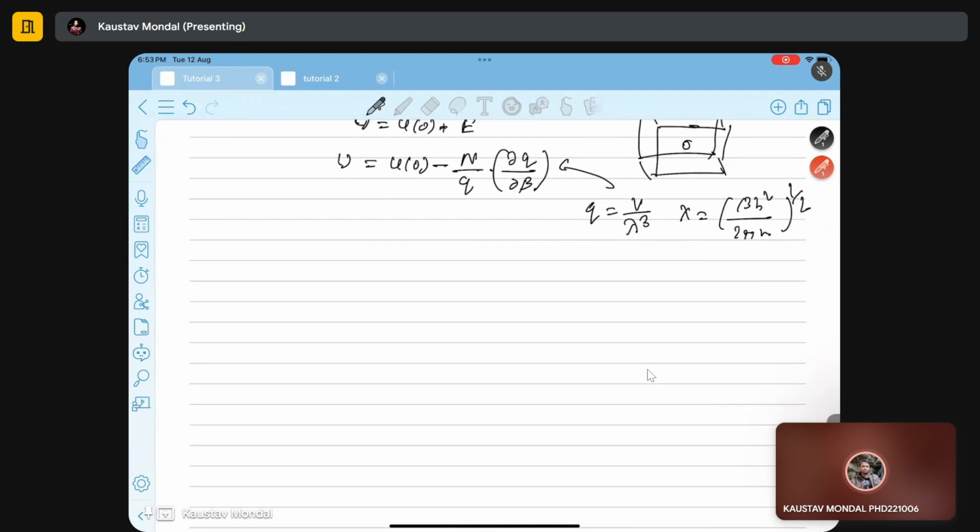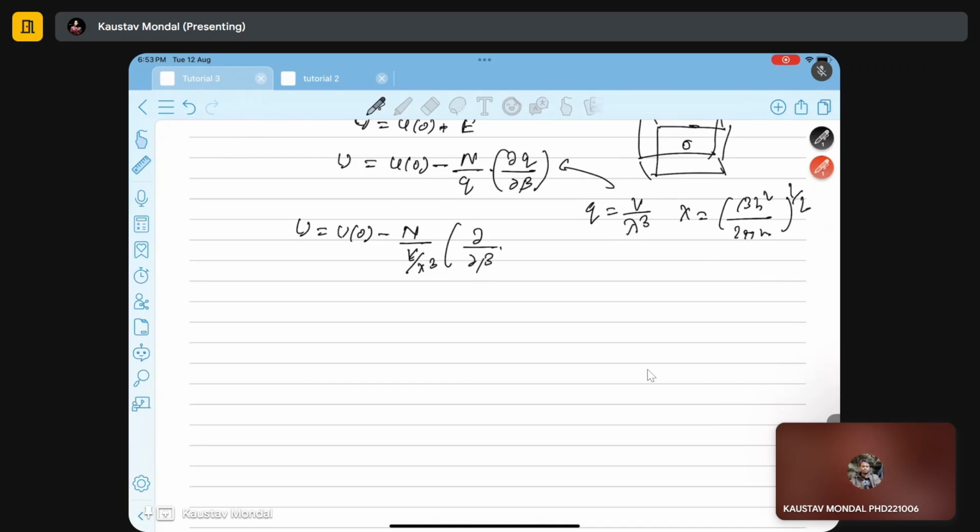Now if we substitute this partition function expression into the expression of the internal energy, then we'll get simply U equal to U0 minus N by Q, where Q is V by lambda cubed, del Q by del beta.